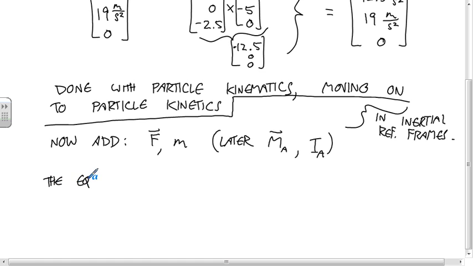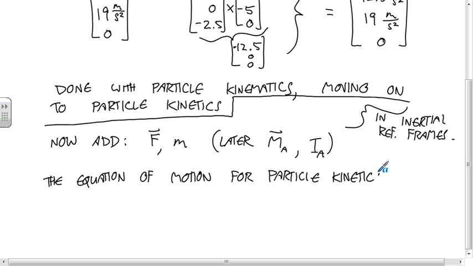And these are things that have to do with changing the orientation of an object. The equation of motion for particle kinetics is Newton's second law. I'm going to always abbreviate that N2L.